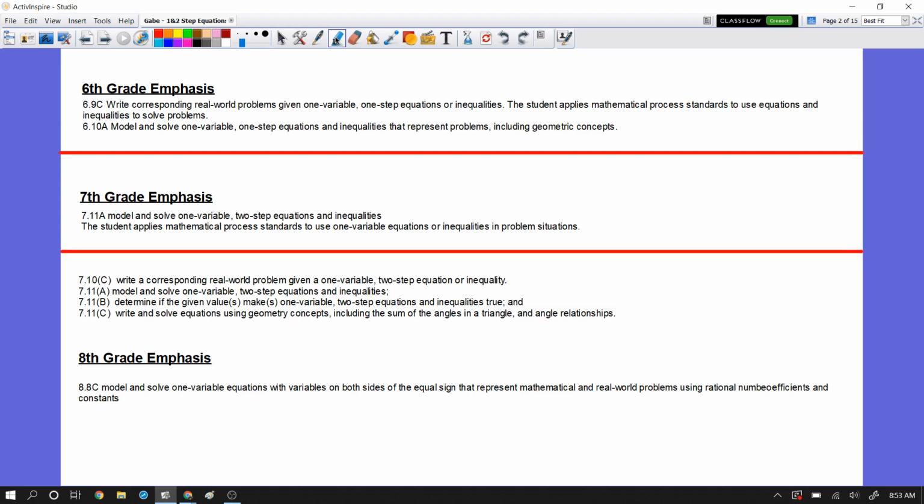We're going to do that as well. But the thing that we're going to be jumping into is modeling and solve one variable equations with variables on both sides, which would be multi-step equations. We're going to get there. So this is the first part of that. Think of this as we agreed to build a house together. This is us laying the foundation. Okay?